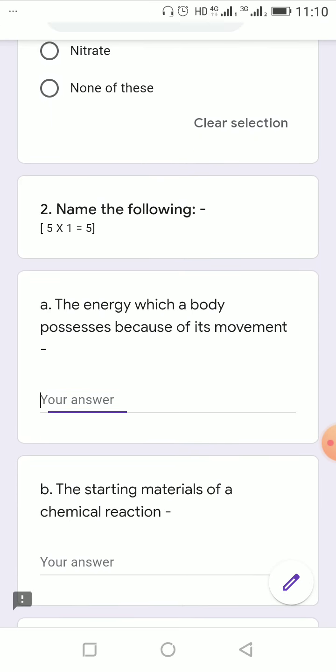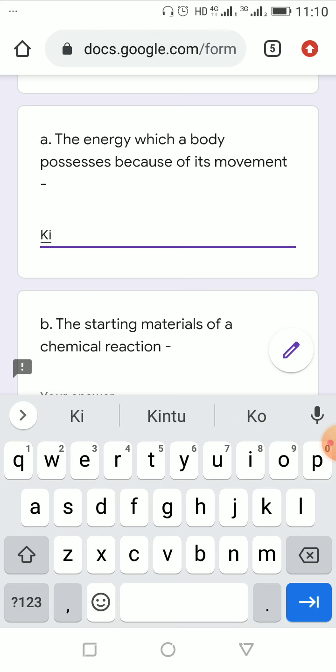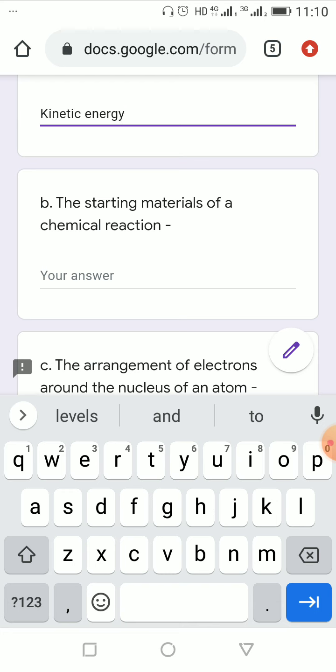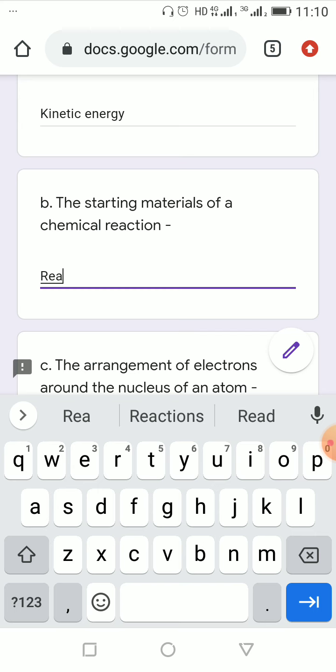This will be kinetic energy. The starting material of a chemical reaction will be reactant. Reactant or reactants. Okay, the starting materials of a chemical reaction.